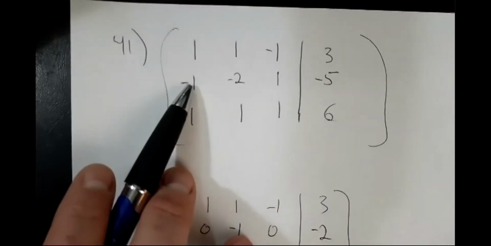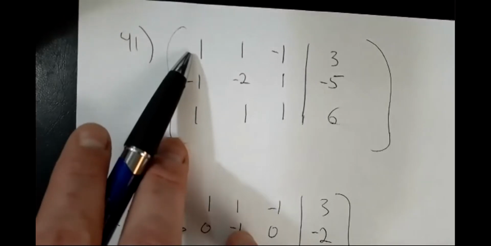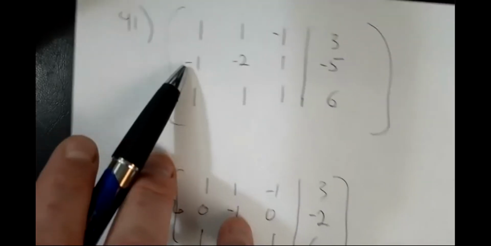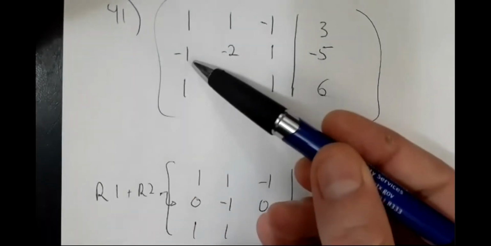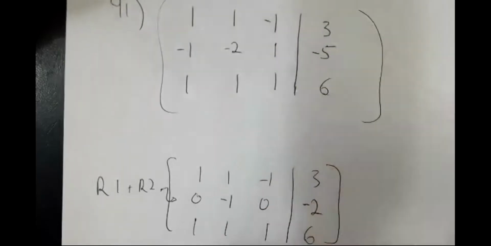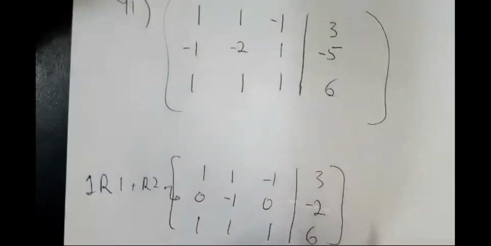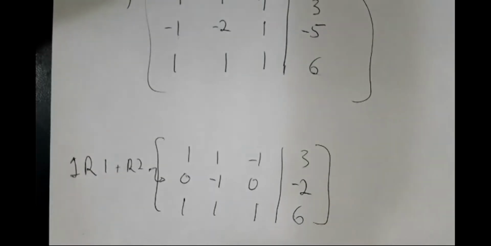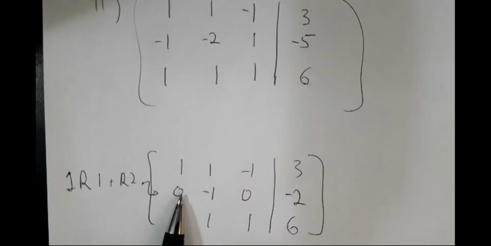But if it was any other number here, if this was a -3, we would multiply row 1 by 3, and then we would add it to this. Whatever number's here, you multiply by the opposite. The opposite of a -1 is a +1, so we multiply row 1 by +1 and add it to row 2 to take the place of row 2.